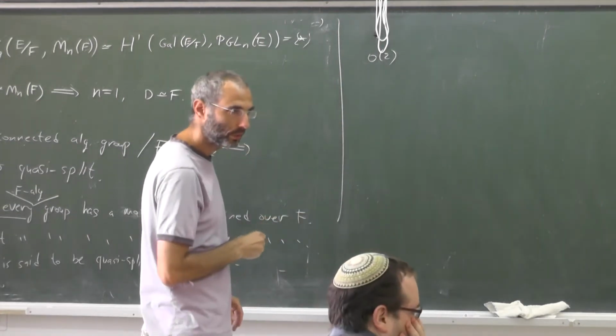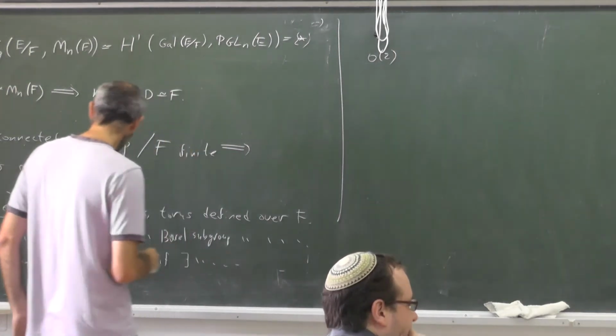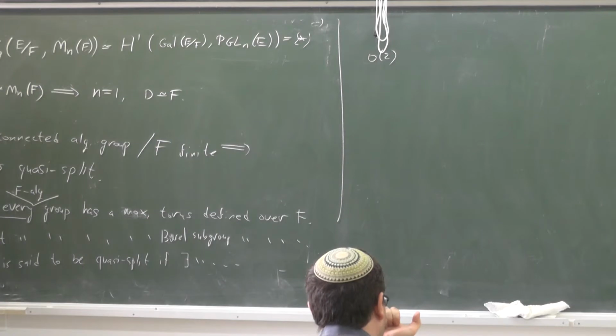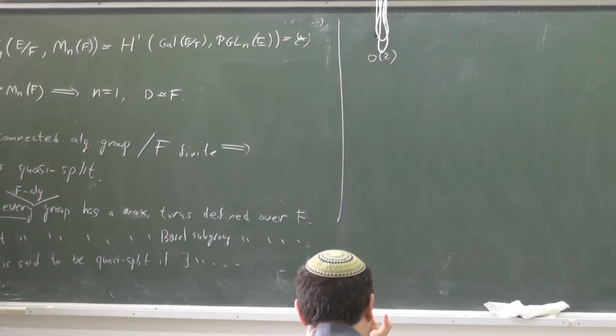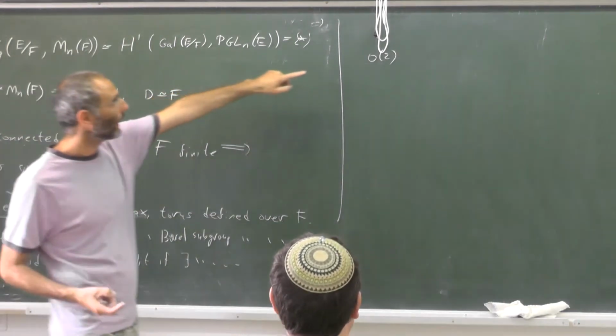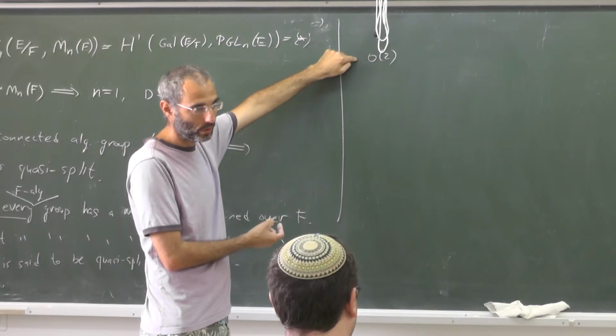No, not the example. Please tell me what is actually... I guess I said it aloud, I didn't take this as the definition of split group. No, the existence of a torus which is defined over F, assume there exists a torus which is defined over F. It might be an anisotropic torus, like in here, and it might be a split torus.